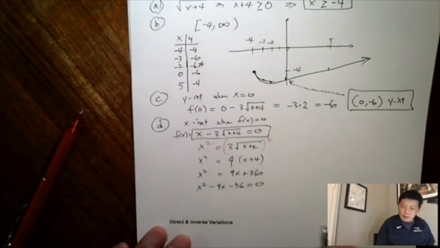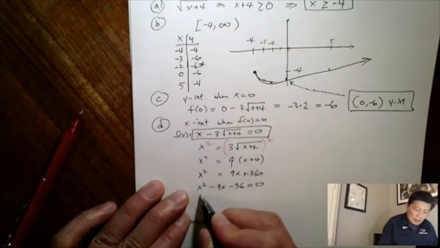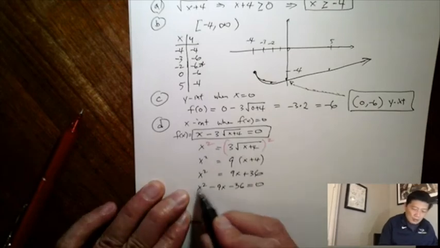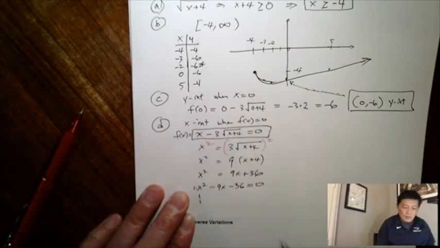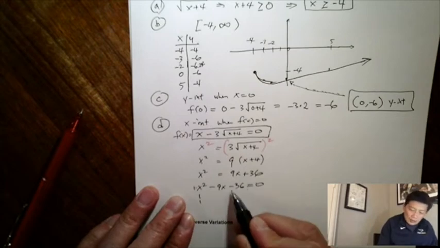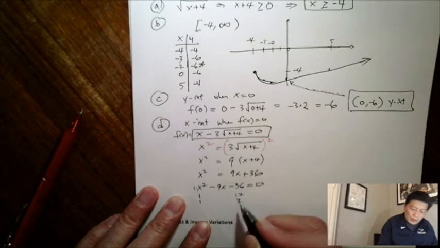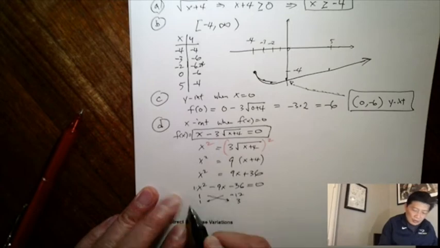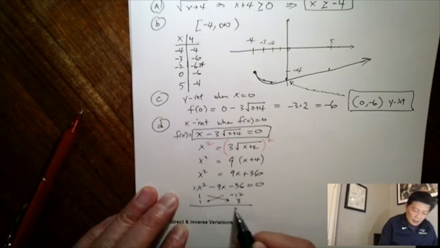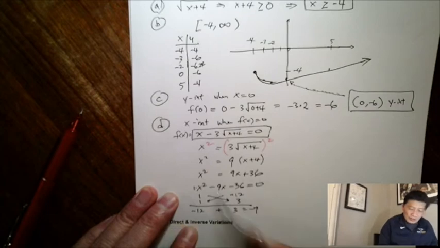I can factor this, right? 1 and 1 for the coefficient of 1 on x squared. Negative 36, I can do 12 and 3, but because the cross term is negative, I want the bigger number to be negative, so this times this, 3 and negative 12, I'll end up with negative 9. That's the cross term.